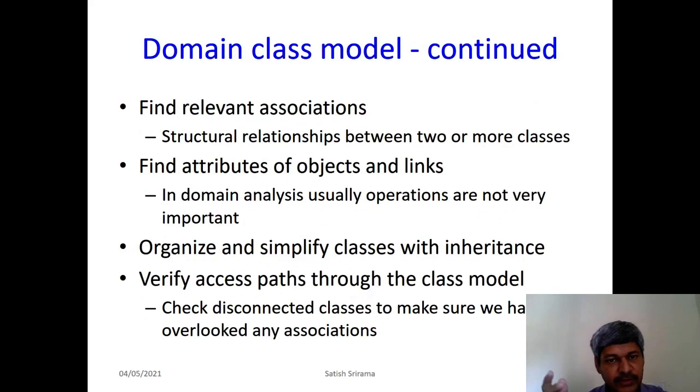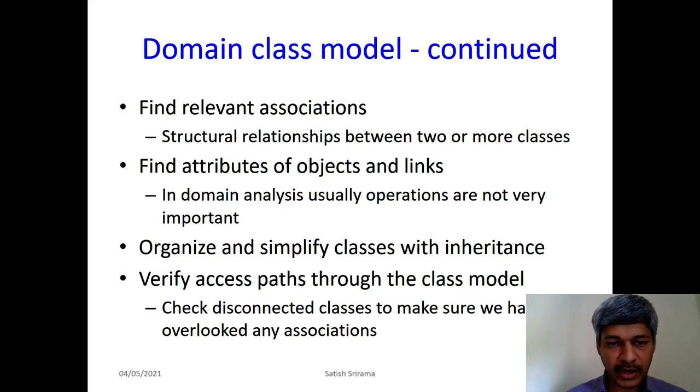Of course, once we have identified the classes and maintained the description of all of them, you have to find relevant associations. We have already discussed that associations are structural relationships between two or more classes.